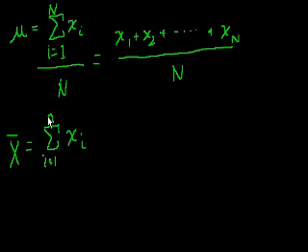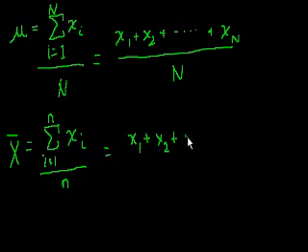And that's why they use that lowercase n. There are big N elements in the whole population, and if you took some subset of that, we're assuming that small n is less than or equal to big N. And anyway, you divide that by the total number of elements in the sample. So once again, this would be x1 plus x2 plus ... plus x lowercase n, divided by lowercase n.